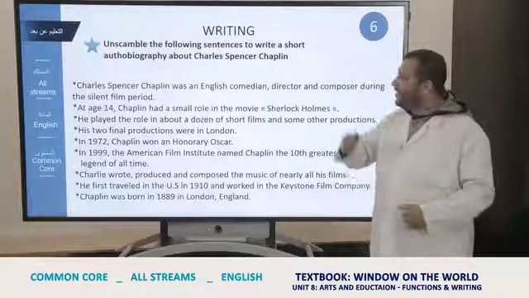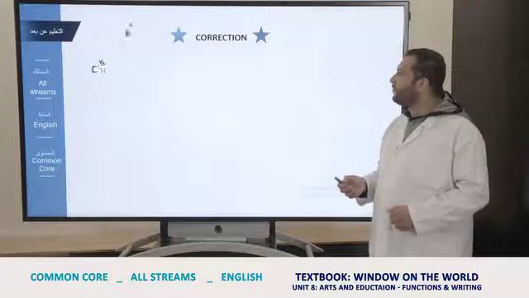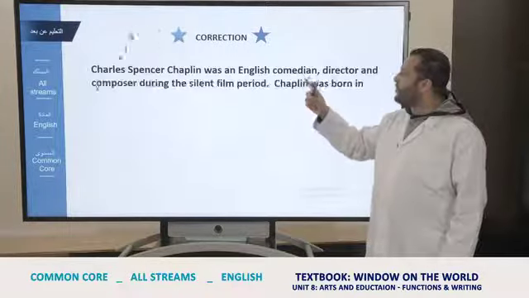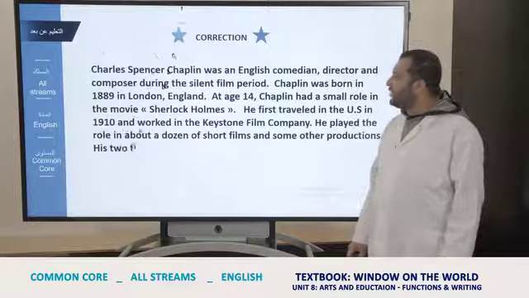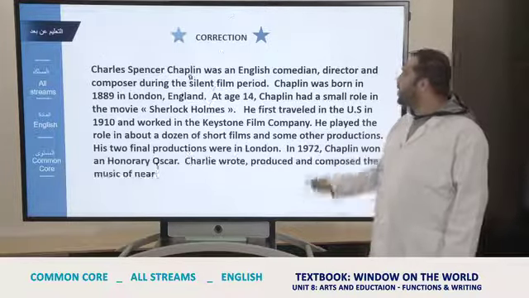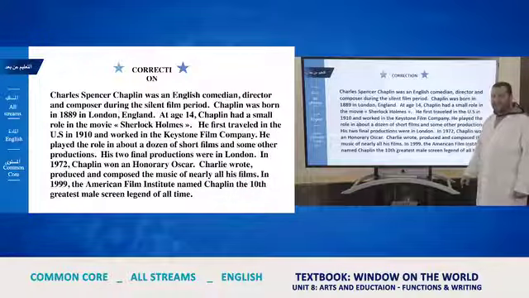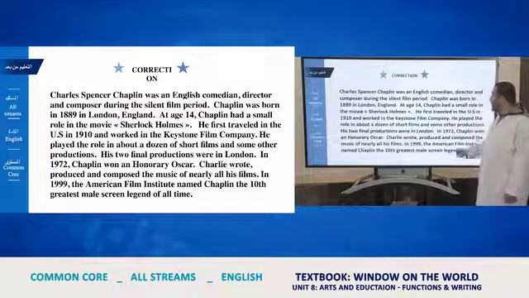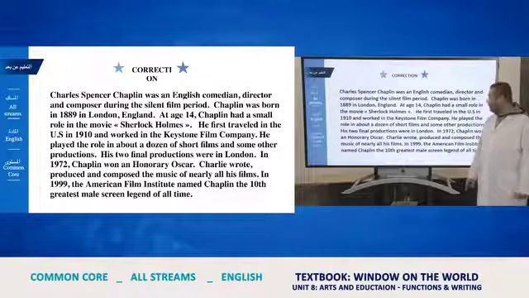Are you ready? Let's have the correction. Charles Spencer Chaplin was an English comedian, director and composer during the silent film period. Chaplin was born in 1889 in London, England. At age 14, Chaplin had a small role in the movie Sherlock Holmes. He first traveled in the US in 1910 and worked in the Keystone Film Company.